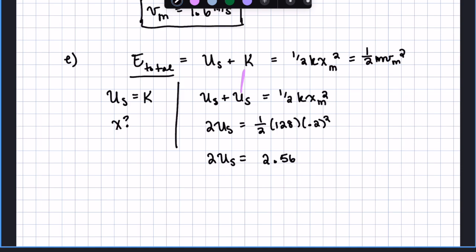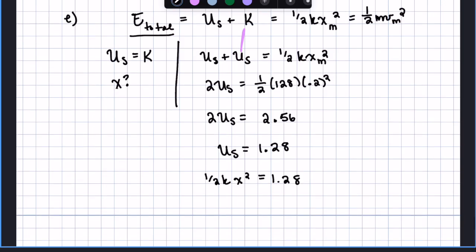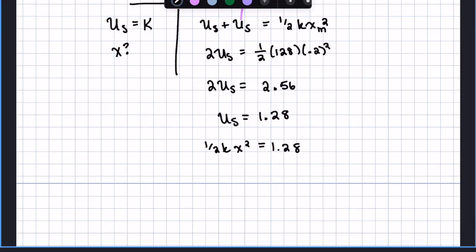If I divide that by 2, that gives me the value of what the spring potential energy would be at that point. Then we can put in the more general equation for the spring potential energy when it's equal to that 1.28 joules: 1/2 times 128 x squared.